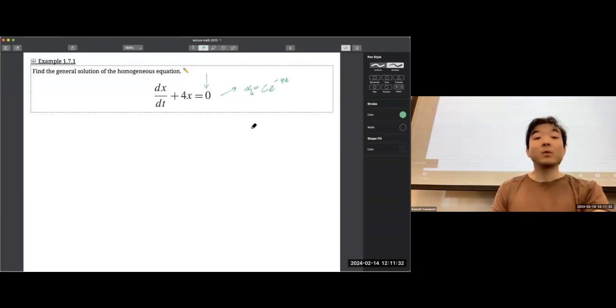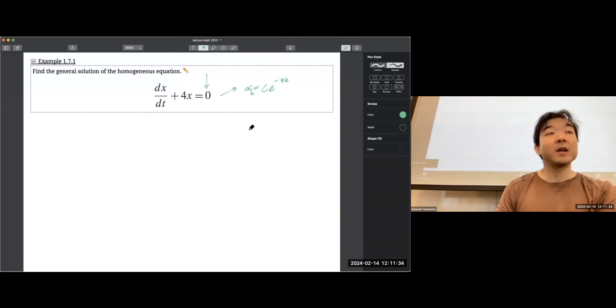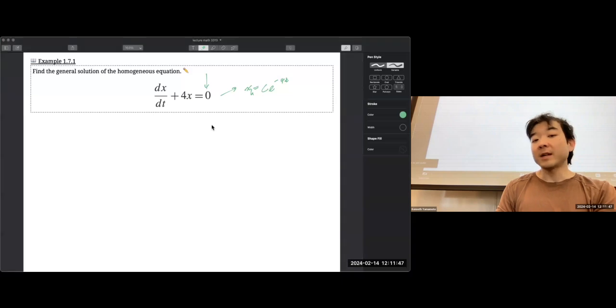Unfortunately, we can't do separation of variables with a second order equation. So this homogeneous problem for first order, we were able to get by separation of variables. You notice that there was always a pattern. It was always like this. But we can't do that with a second order equation. We can't do separation.